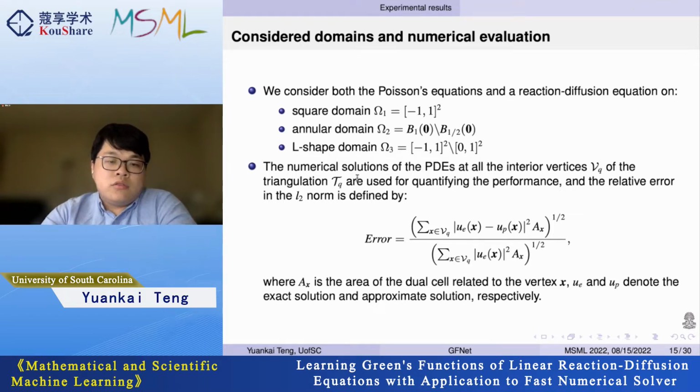The numerical solutions of our PDEs at all interior vertices will be used for quantifying the performance. The relative L2 norm is defined here, where A_X is the area of the dual cell relative to the vertex X, and U_E and U_P denote the exact solution and approximate solution respectively.